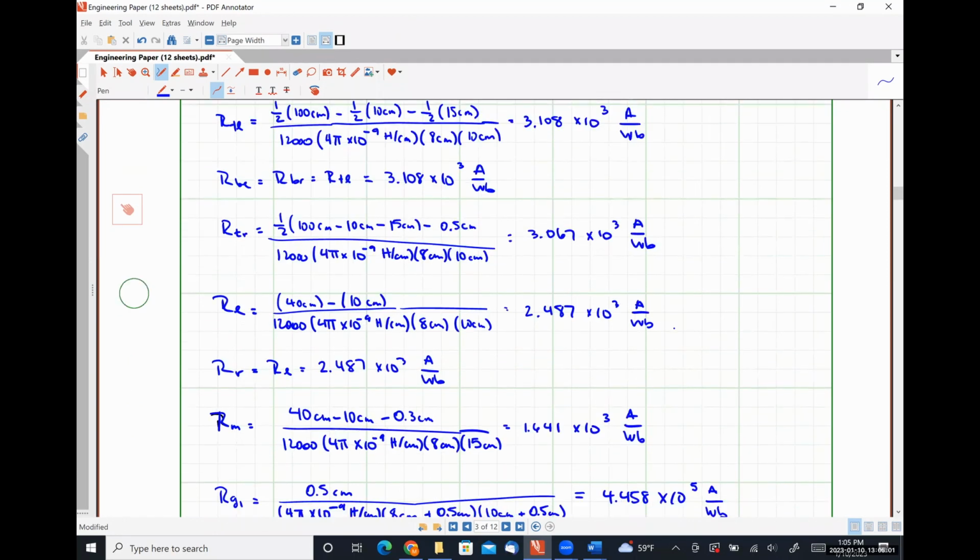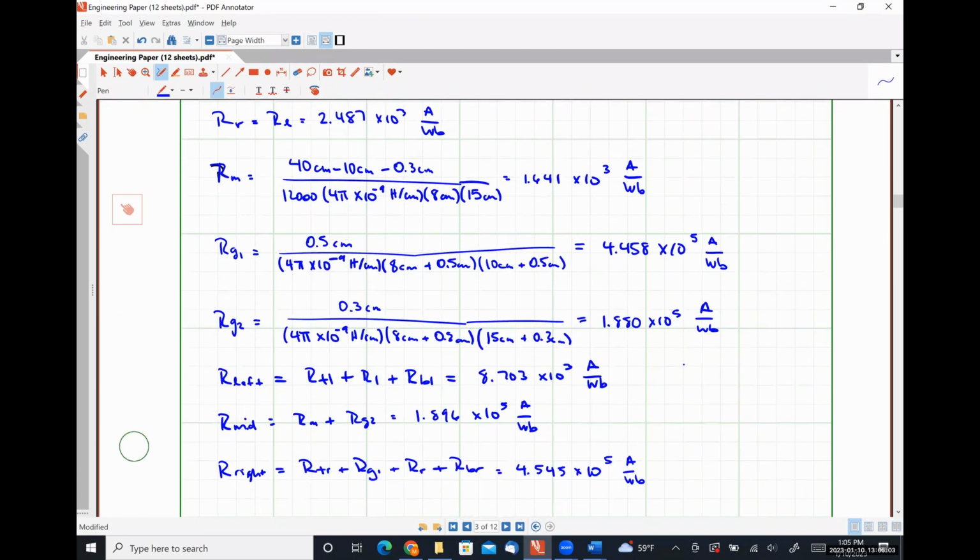So throwing numbers into that, 4.545 times 10 to the 5 plus 1.896 times 10 to the 5 times 8.703 times 10 to the 3 over 1.896 times 10 to the 5 plus 8.703 times 10 to the 3.